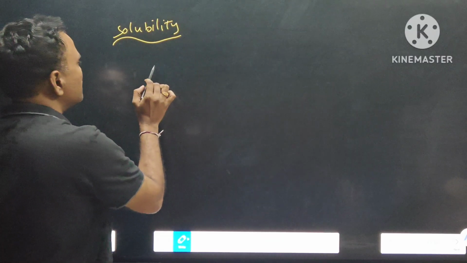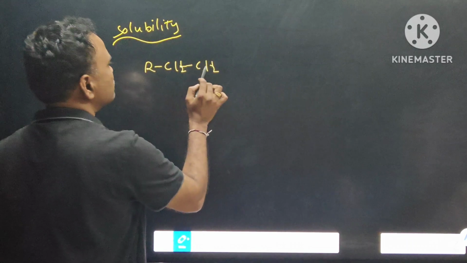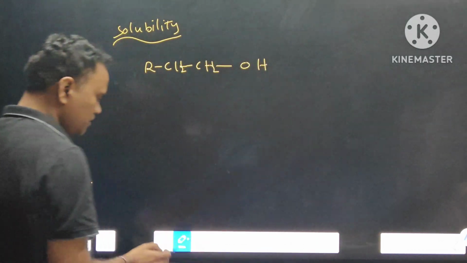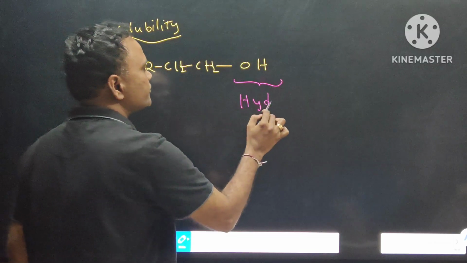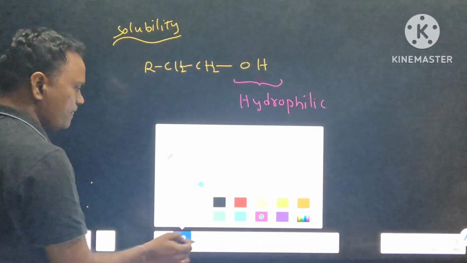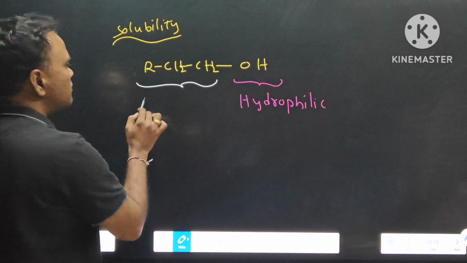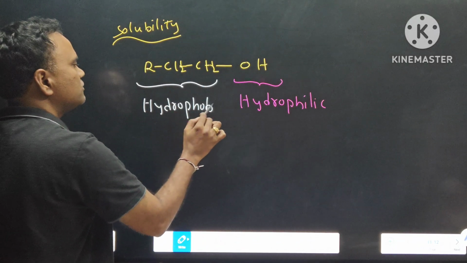I am taking one alcohol, the general formula R-CH2-OH. Divide this into two parts. This OH part is called hydrophilic, water loving. This carbon chain part is called hydrophobic, water hating.